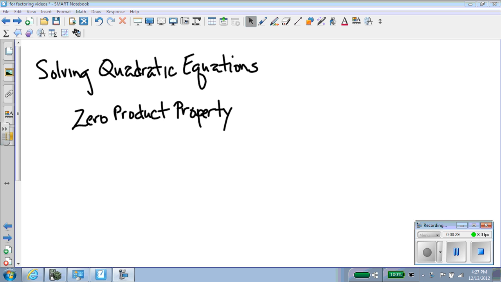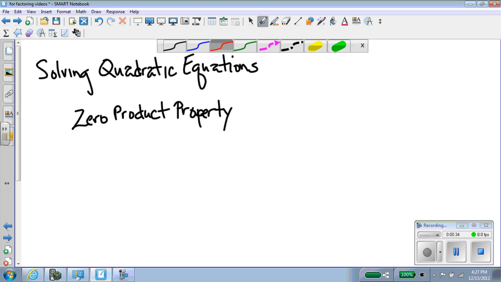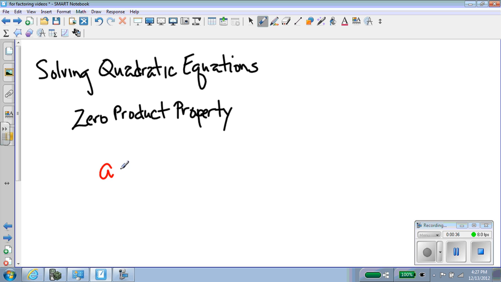The zero product property says that if I have a product, let's say A times B, and it equals 0, the only way for that to happen, just think about this for a minute, is if A equals 0 or maybe B equals 0.